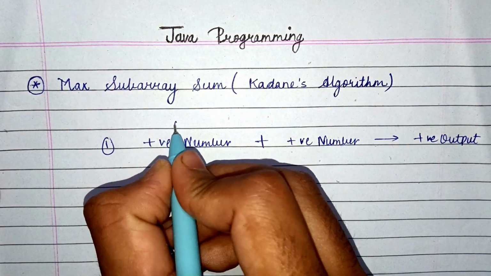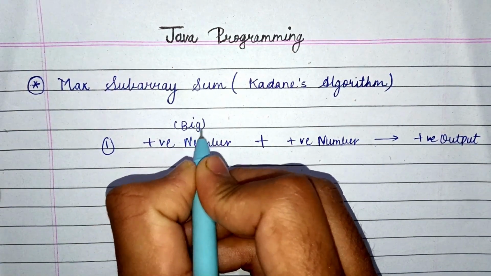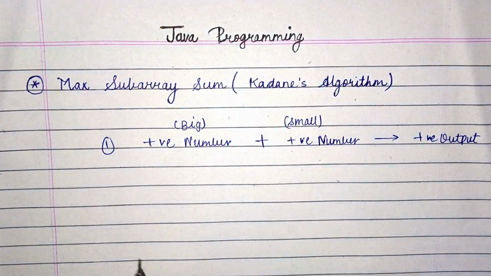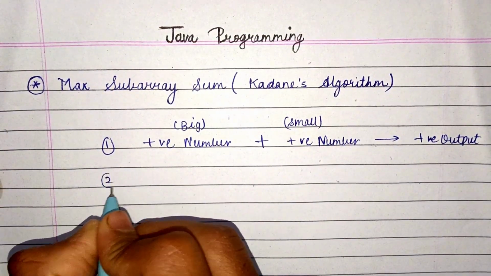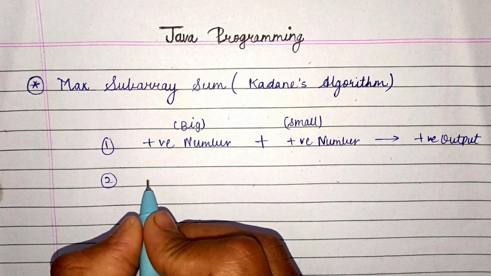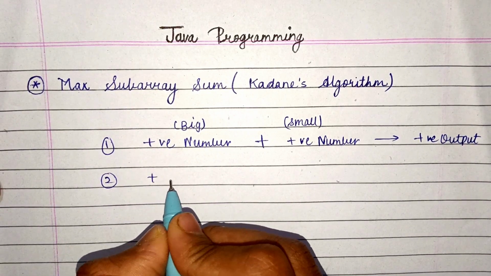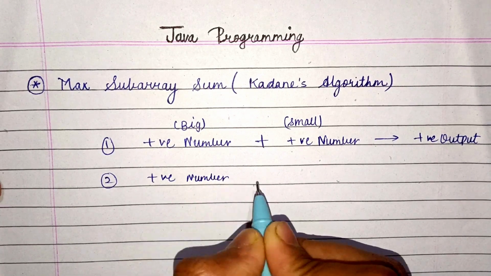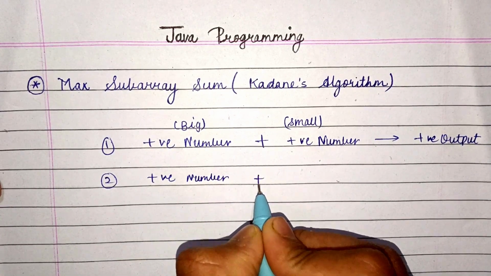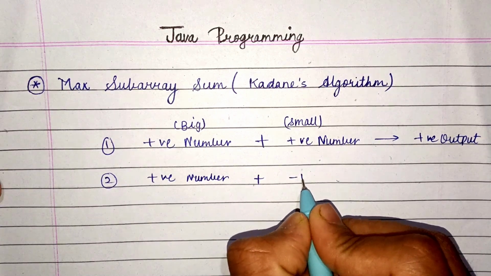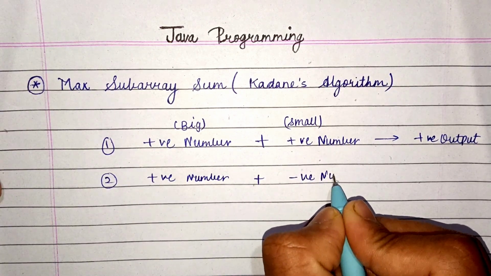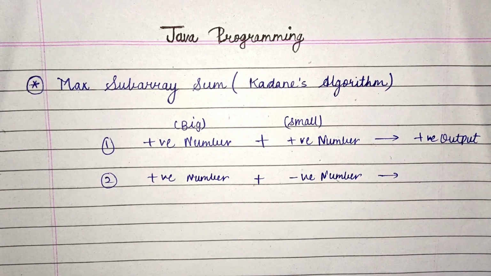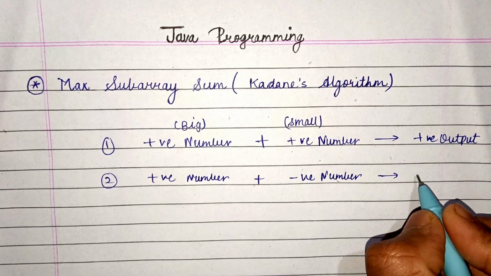Next, if we have a big positive number and the small number is negative, then the output will be positive only.